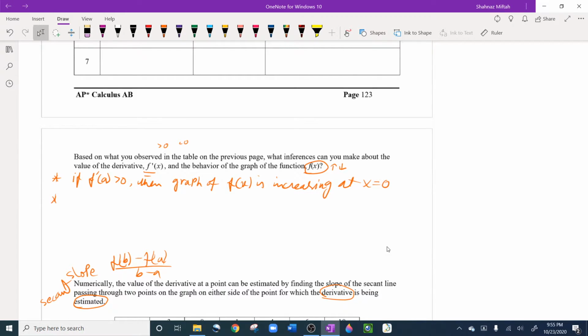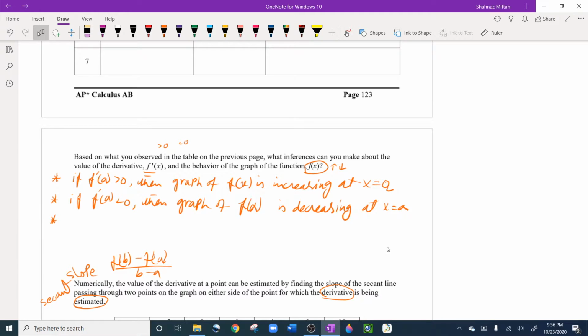Next, if f prime a is less than 0, then the graph of f of x is decreasing. If the slope we get is negative, then it's decreasing at x equal a.